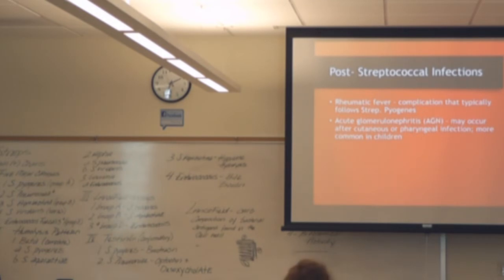Then you have AGN. That's after cutaneous or pharyngeal infection, and that's more common in children. It's almost like a renal disease, but that's also considered a post-streptococcal infection. Okay? And again, I'm still talking about Strep pyogenes, so we're still on that one. This one wreaks a lot of havoc.